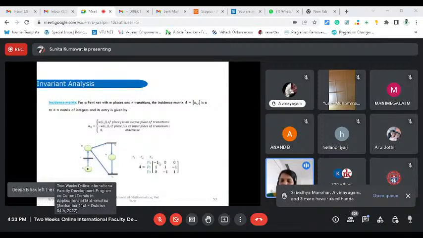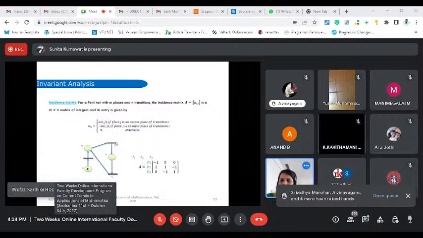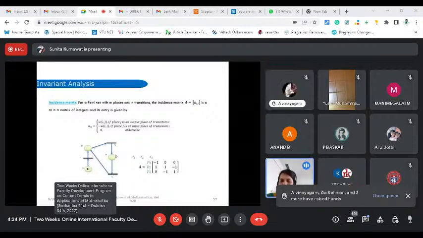And P1 is not connected to T2 or T3, so here it is 0, 0. Similarly P2: P2 is an input place for T3, so it is -1, and P2 is the output of T1, so that's why it is 1.